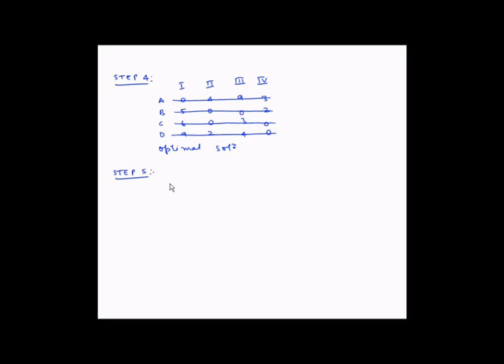Let's copy the same matrix that we have. In order to determine the optimal assignments, we will examine the rows one by one, starting with the first row, until a row with one exclusive 0 is found.